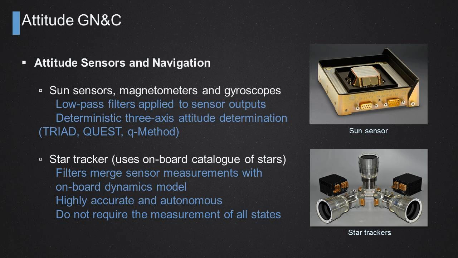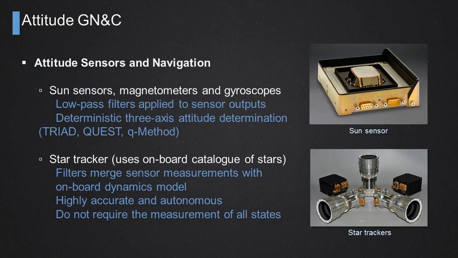Typically, what people did with these kinds of sensors was to use simple low-pass filters to smooth out the noise inherent to those sensor measurements, or use deterministic attitude determination techniques widely known in the field, such as the TRIAD, the QUEST, or the Q method algorithms. I won't dive into these because that's beyond the scope of this talk. But these are well-known techniques that will simply estimate the attitude of the spacecraft deterministically by merging these different sensor measurements together.